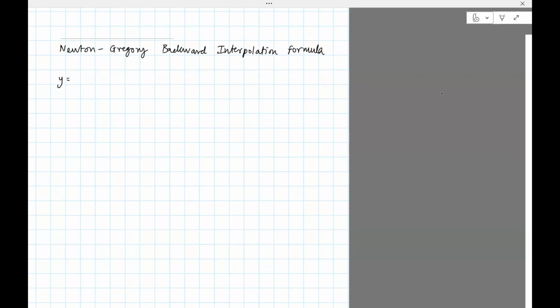Y equals f of x equals f of xn, so getting the value at the last point, the xnth point, plus del. This symbol is called del or nabla.